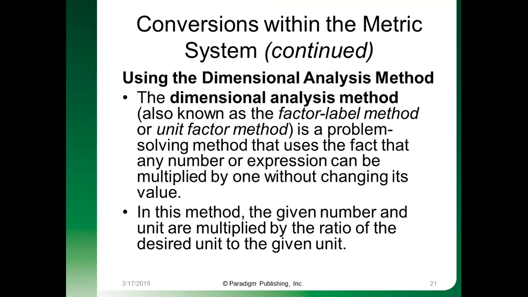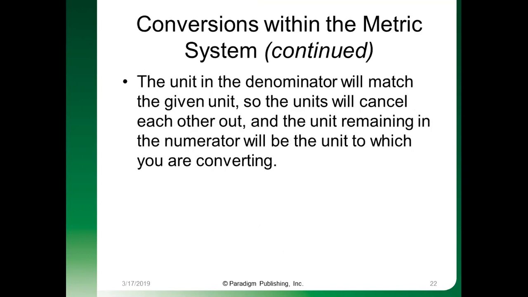In this method, the given number and units are multiplied by the ratio of the desired unit to the given unit. So the units of the denominators will match with the given units, so that the units will cancel each other, and the unit remaining in the numerator will be the unit to which you are converting.